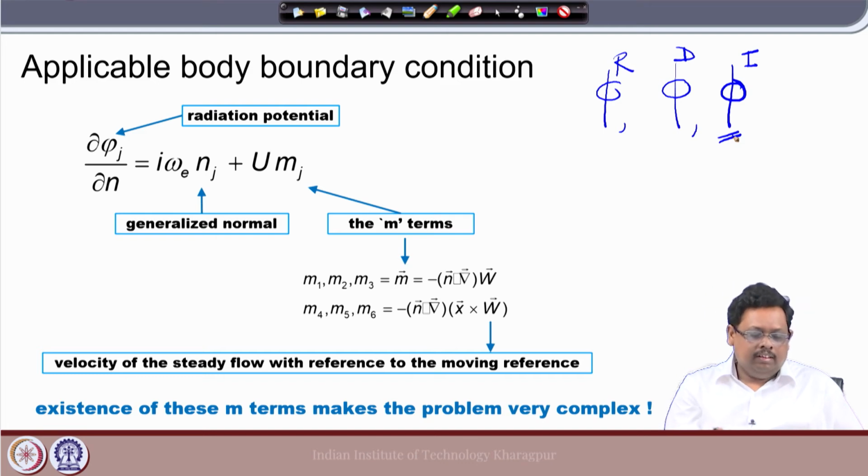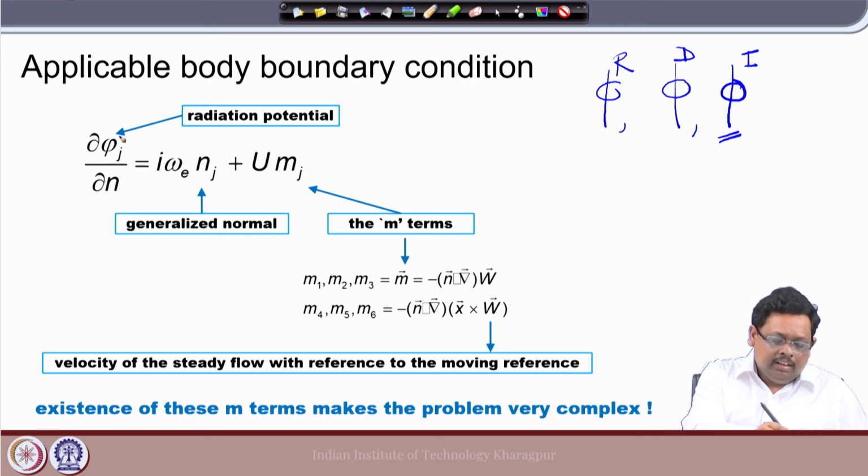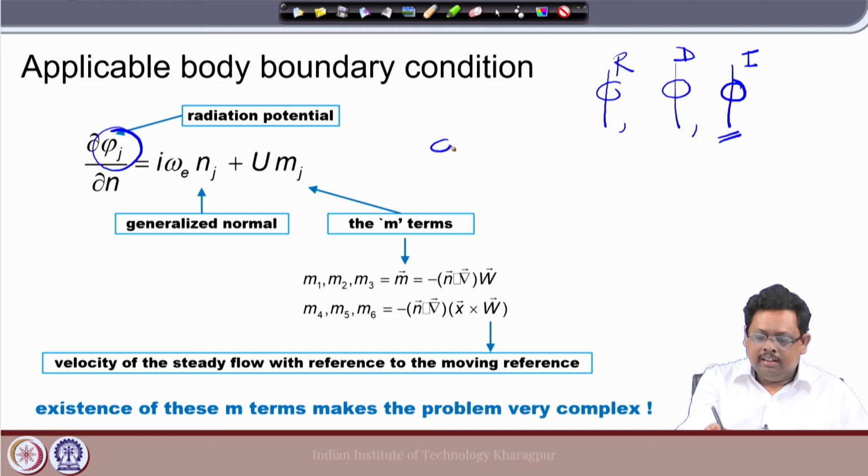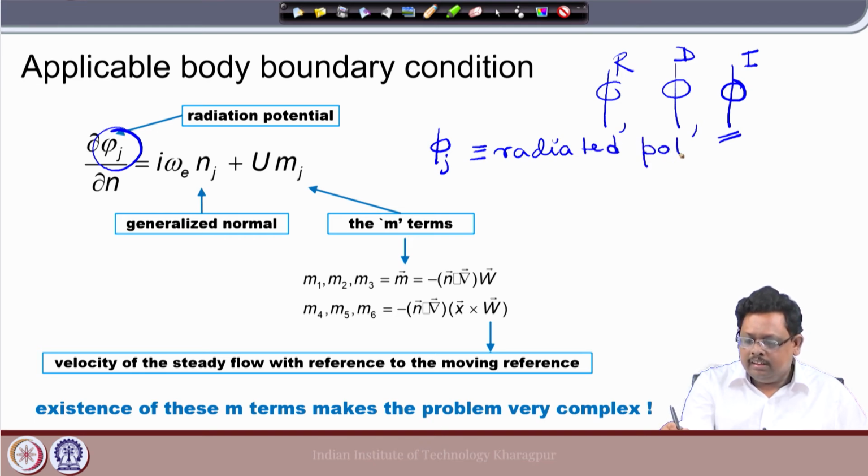If you remember all the terminology that we discussed when we developed the potential flow theory, this phi j stands for the radiation potential for the jth mode, right? This phi j is nothing but the radiated potential for the jth mode.